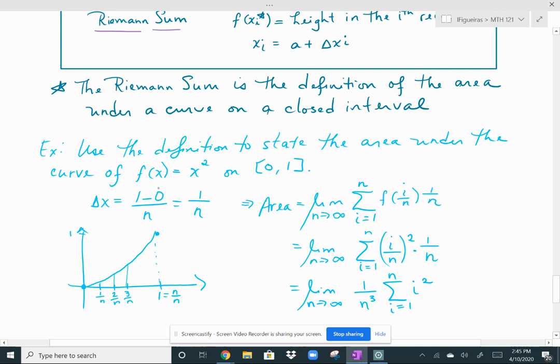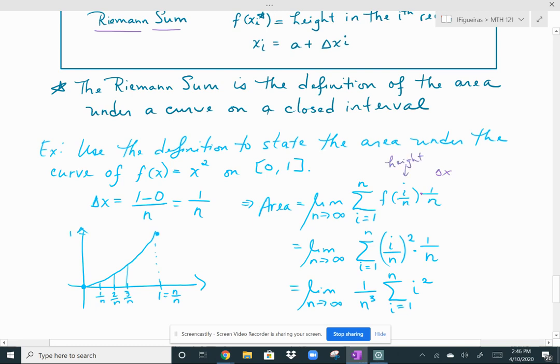Delta x is b minus a divided by n, so our delta x is 3 over n. Therefore, our area is the limit as n approaches infinity of your function value at 3i over n times 3 over n. 3 over n is your delta x, and this one here is the height.